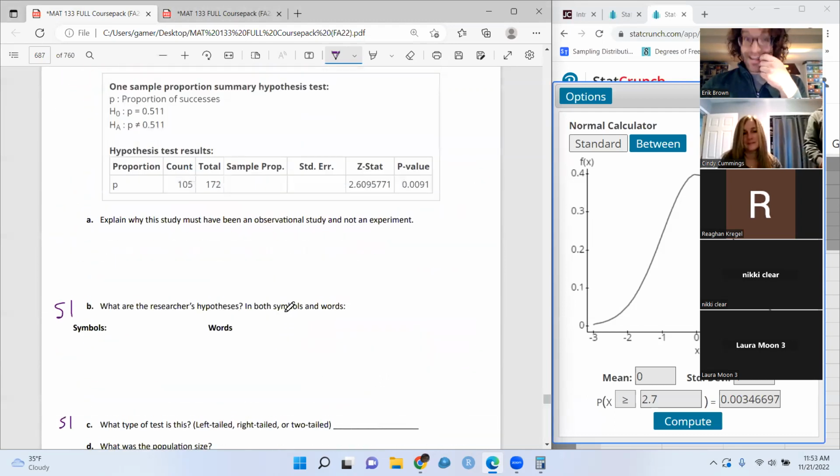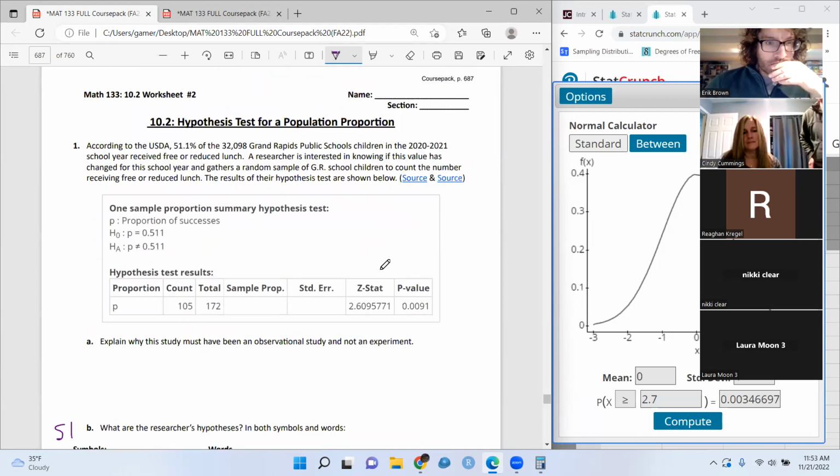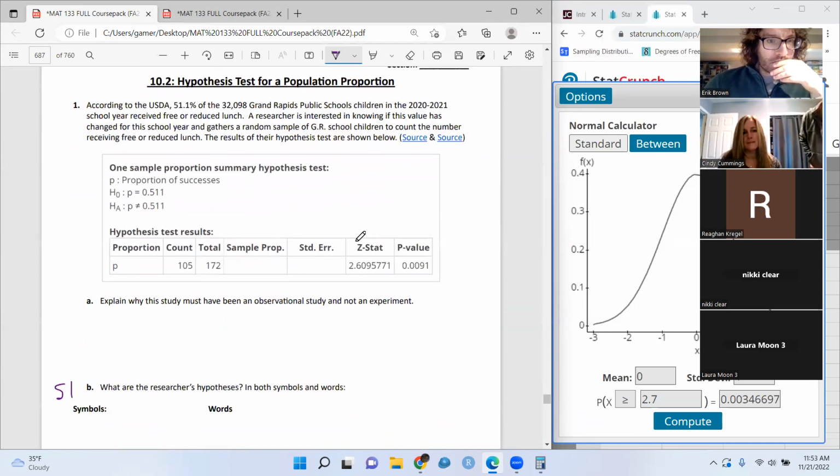Do we know X and N? Well, N is 32,098. So the P naught, careful. 51.1% is the P naught thing, right?